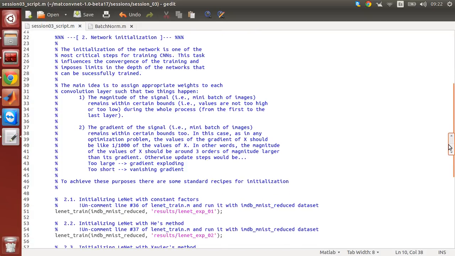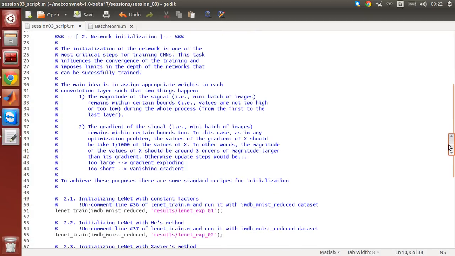So in general, the idea is that you want your data to flow within some boundaries. So the magnitude of your signal, in this case your images, has to be within some boundaries, so not too high, not too low during the whole process.